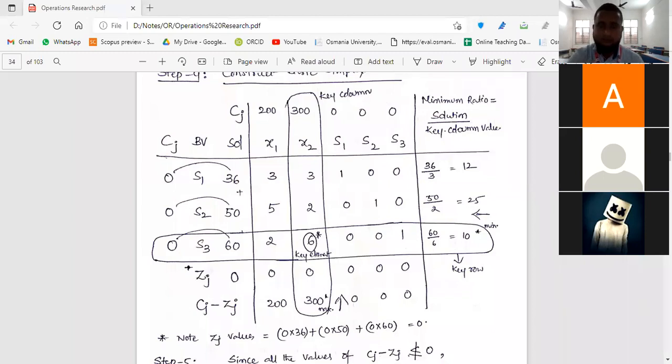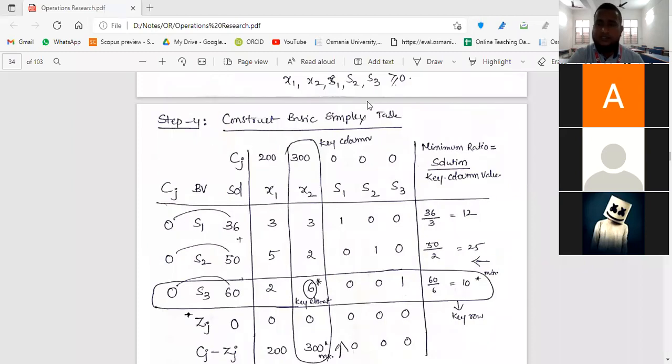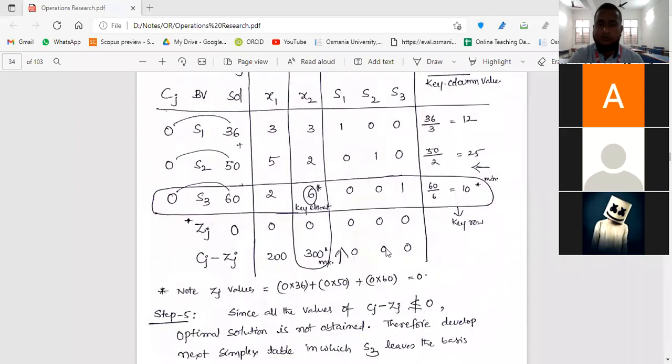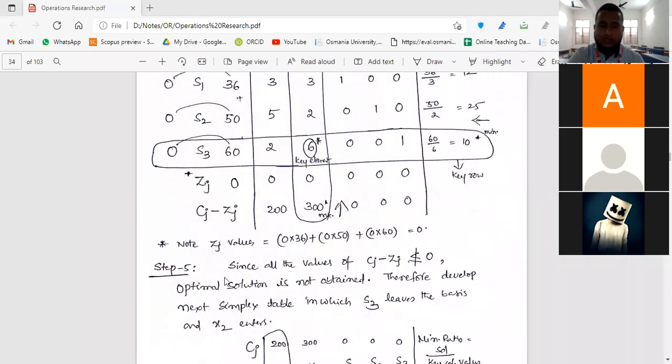Okay, sir. So this is how we have to construct the basic simplex table. Now, since all the values of Cj minus Zj are not less than or equal to 0, the Cj minus Zj values should be 0. If you get all the values 0 here, then you have obtained the solution.